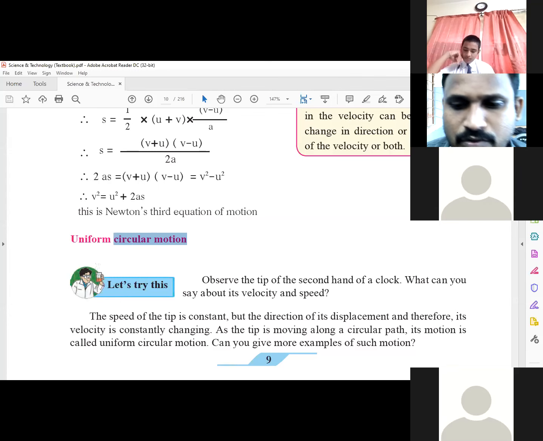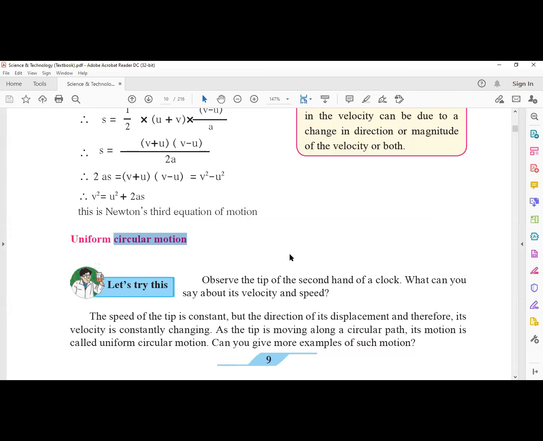What is circular motion? Simple, the motion along the circular path, or the motion along the circumference of the circle. That is what we call circular motion.